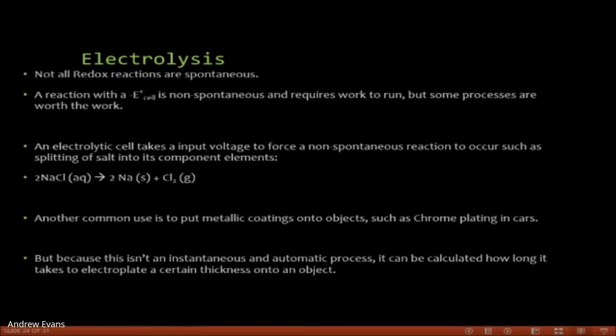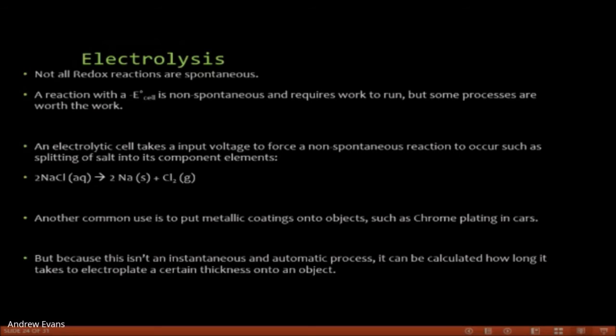Now, one of the big ideas here is that not all of the chemical reactions we will deal with will be spontaneous. Typically, when we have a choice, the cells we will run will shoot for the largest spontaneous reaction, because those want to go.